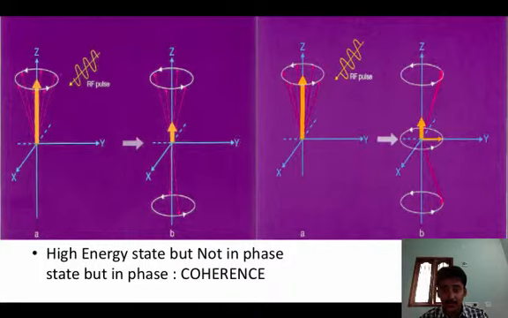In the second part of the presentation, we have two other figures. In this we are applying a sinusoidal wave to align all the protons in a single direction, such that we have a net transverse magnetization.